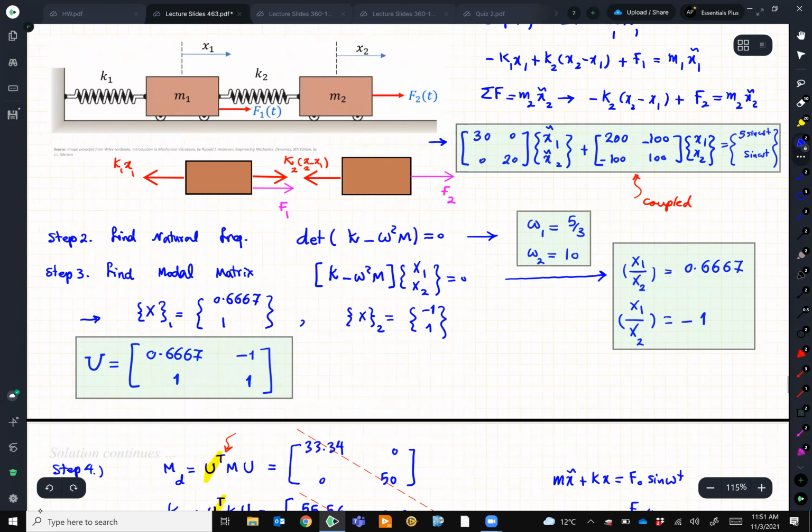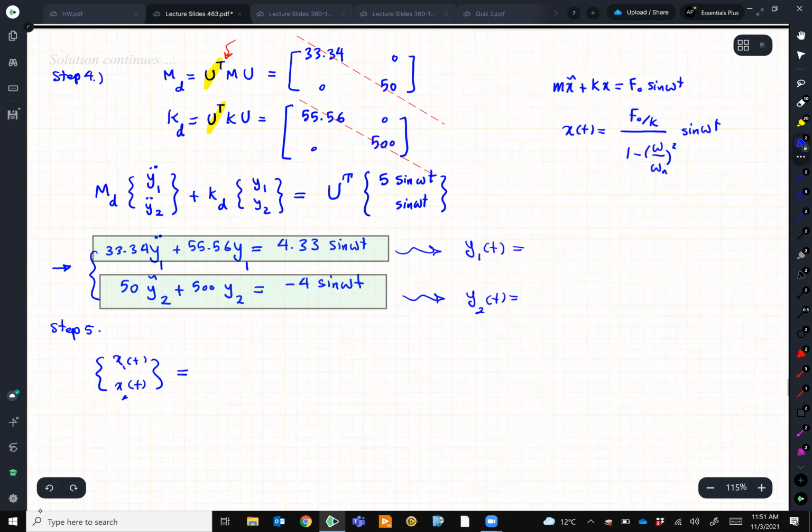It's U, not this time U transpose. It's U times y1(t) and y2(t). So you managed to find the response of this system, which was a forced system. It has sine omega t in it, by transferring it to a 1 degree of freedom system.